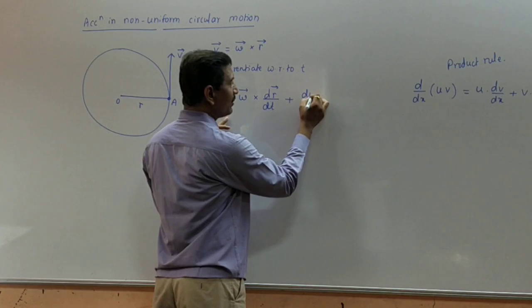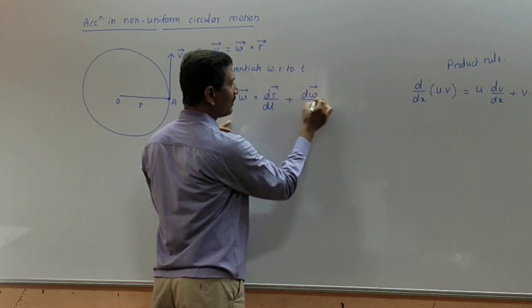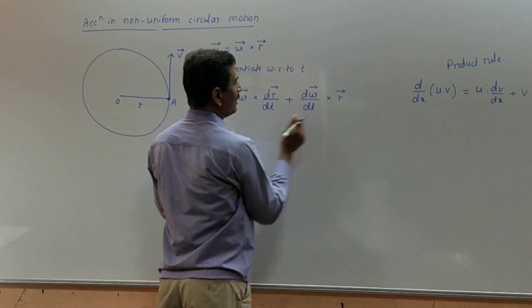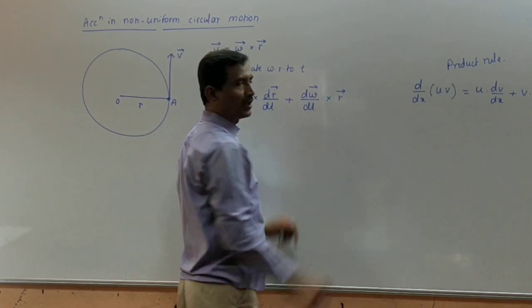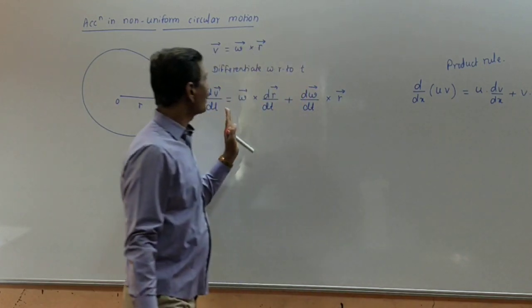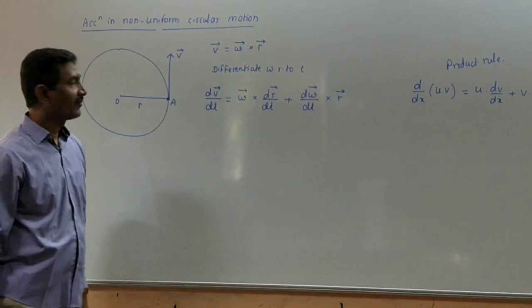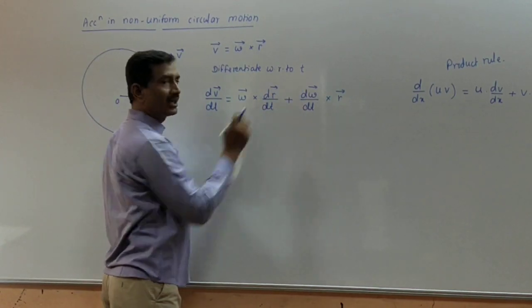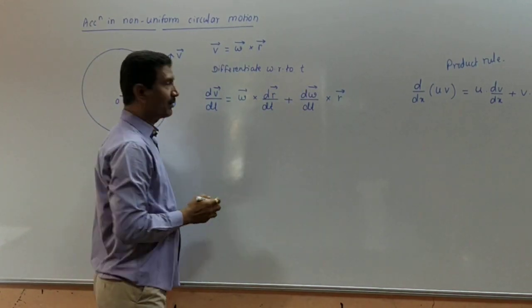Here the derivative of the first is d omega bar upon dt cross r bar. See the difference between the product rule in mathematics and here, where we apply the product rule for the vector product. So omega bar cross dr bar by dt plus d omega bar upon dt cross r bar.